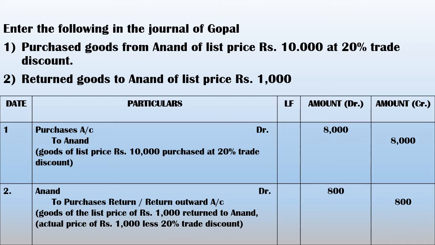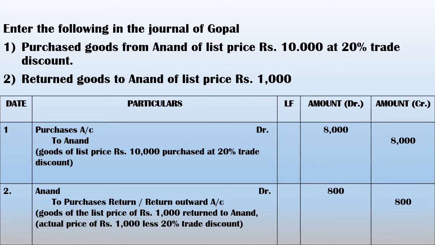The goods are returning back to Anand, and Gopal is returning them. But since we are making the entry for Gopal, Gopal is returning to Anand. So Anand is receiving, and according to the personal account, Anand will be debited.